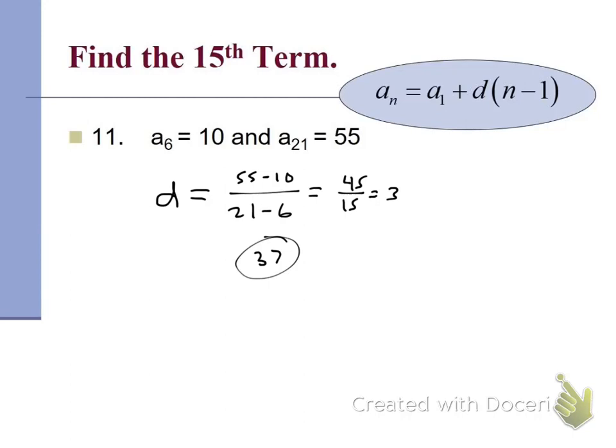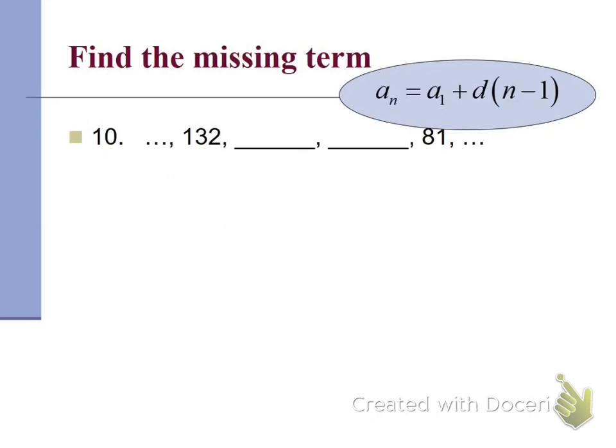Questions, guys? I feel good about... Yeah, go ahead, Ella. I don't really understand. Do you understand how I got the difference? Do you understand how I got the difference was 3? 55 minus 10 over 21. If I go back to here, it's just like that one. Didn't we on this one go 81 minus 132? And I think I called this 4 minus 1.